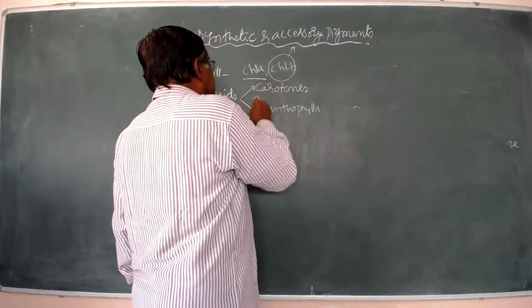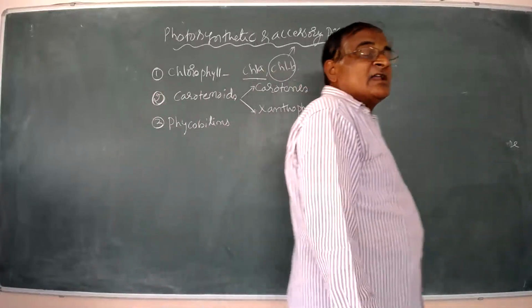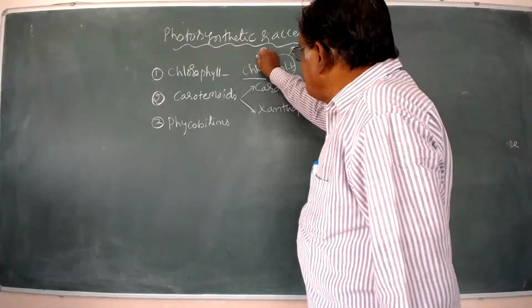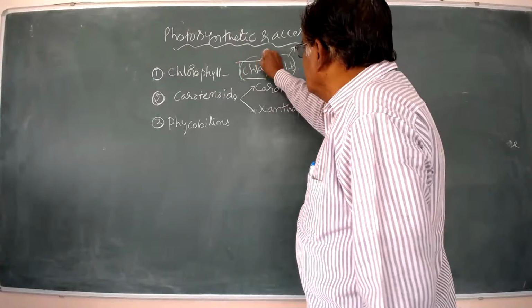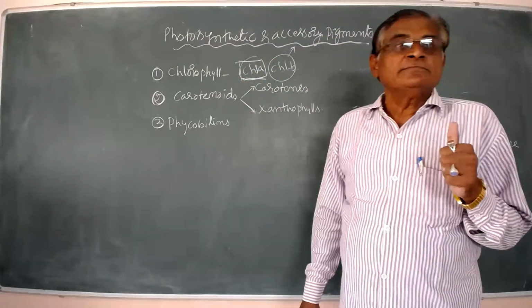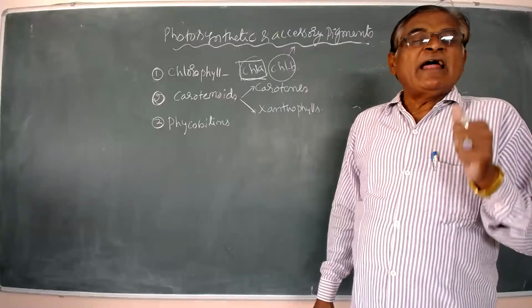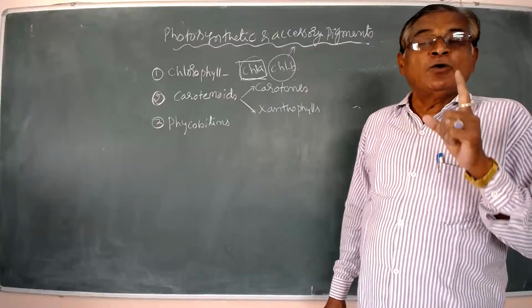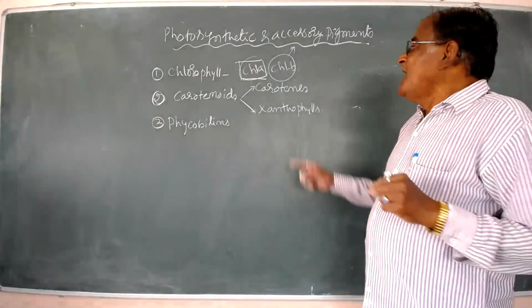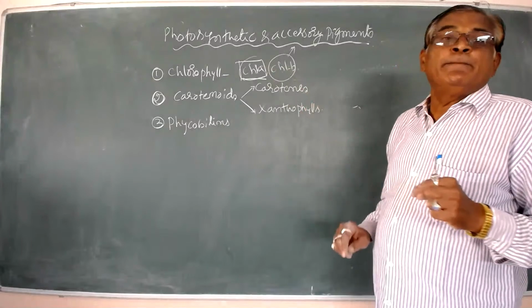Carotenes and xanthophylls are also accessory pigments. All of these except chlorophyll A are accessory. Chlorophyll A is the chief photosynthetic pigment. In all plants, chlorophyll A plays a very important role in photosynthesis, that we will discuss later in the mechanism. And the remaining ones are accessory pigments.